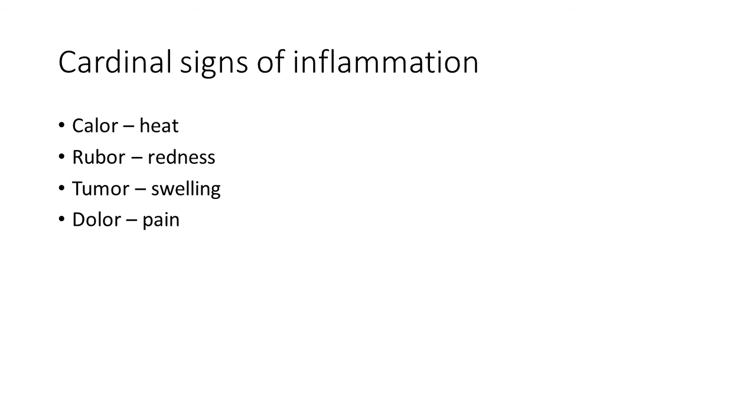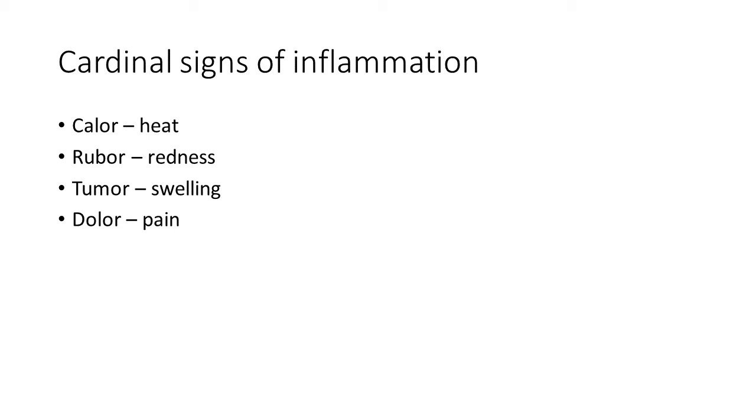Roman writer Celsus, as early as in 1st century AD, described the famous 4 cardinal signs of inflammation. The original 4 cardinal signs of inflammation described are: number 1, calor, means heat.